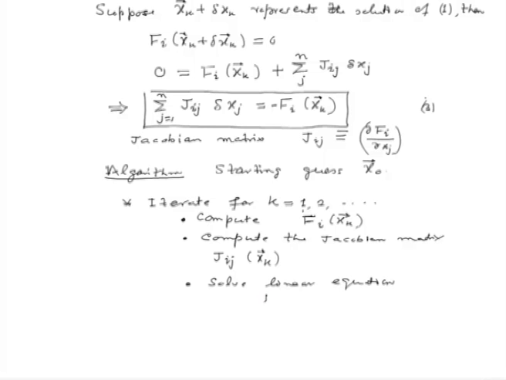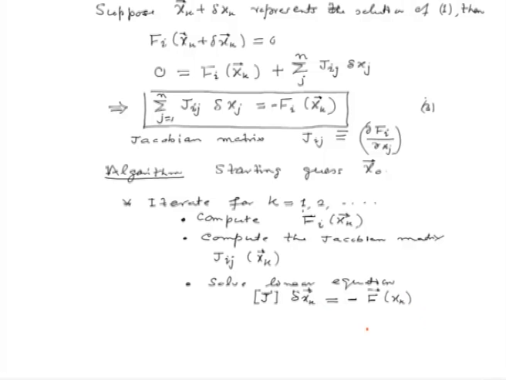Now in matrix notation form, J delta xk is equal to minus vector f of xk.